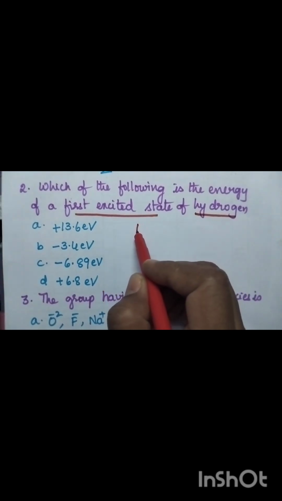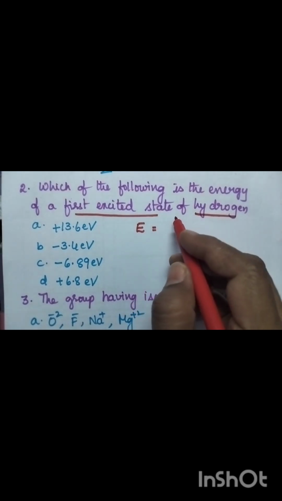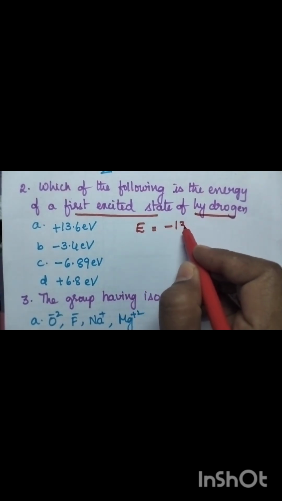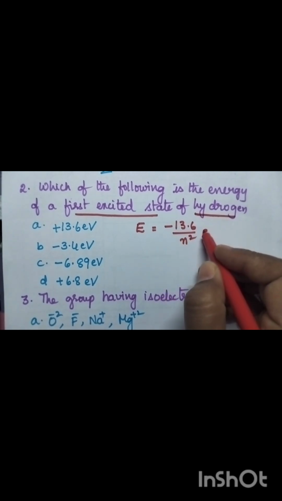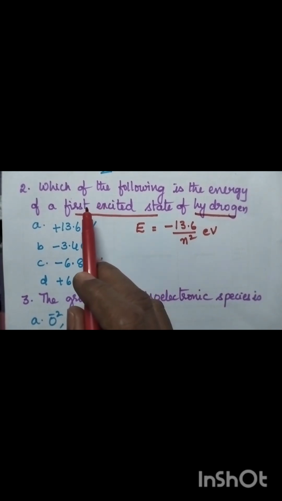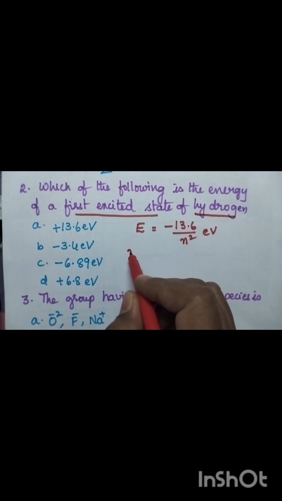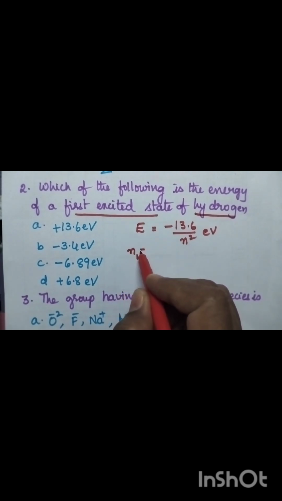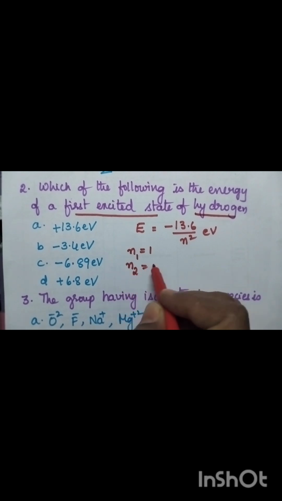So for calculating energy of hydrogen atom, we have the formula minus 13.6 by n square electron volts. And we are supposed to calculate the energy of first excited state. So for hydrogen atom, the ground state is the first orbit. So the first excited state will become second orbit and hence here n equal to 2.